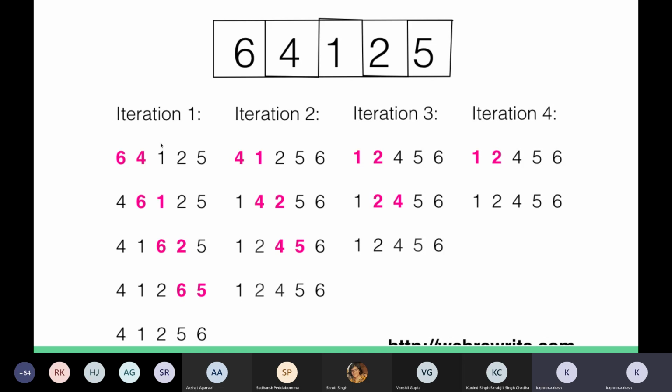Now we compare 6 and 2. 6 is bigger, swap. Compare 6 and 5, swap. The second iteration starts off with this array, 4, 1, 2, 5, 6. Swap, and so on and so forth. Finally, you will get your sorted array by the end of it. Number of steps this takes is 5, 4, 3, 2, which is 14 steps, which is n into n minus 1 by 2. Like proportional to n square.